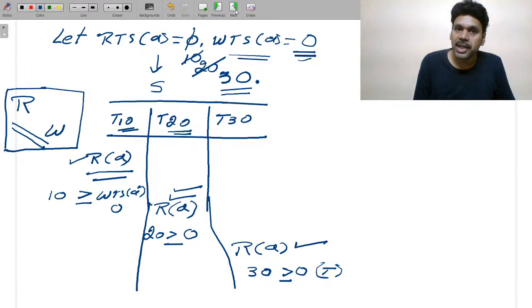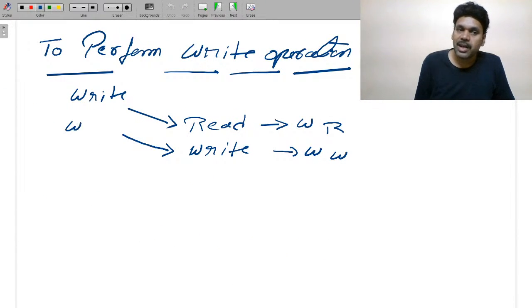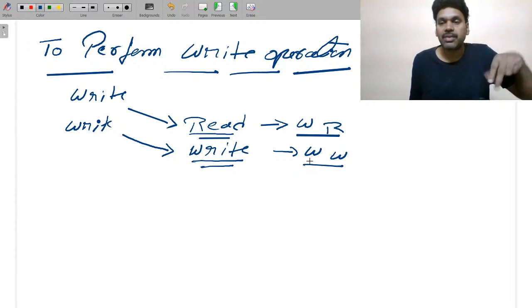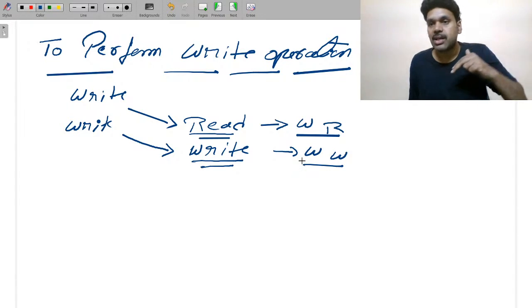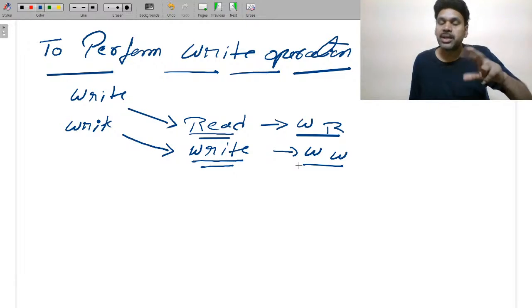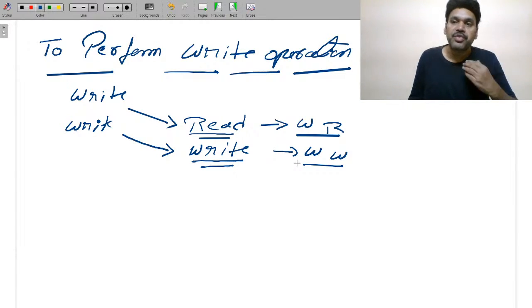But when you are talking about write, the write will have two conflicts. One is write with read, the other is write with write. Therefore, you need to check the validation with the read as well as the write timestamp. So two conditions you need to satisfy in order to allow the transaction to perform a write action on a particular object.